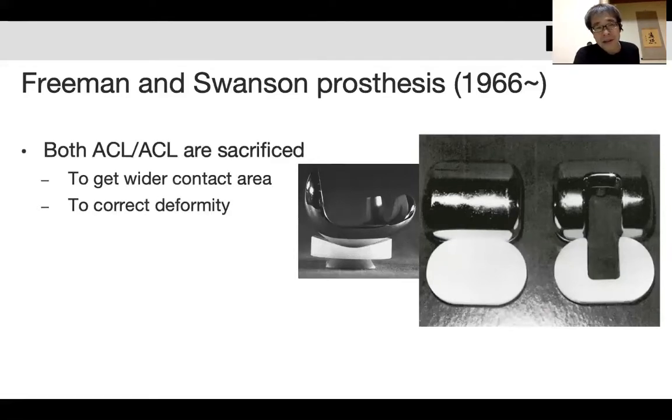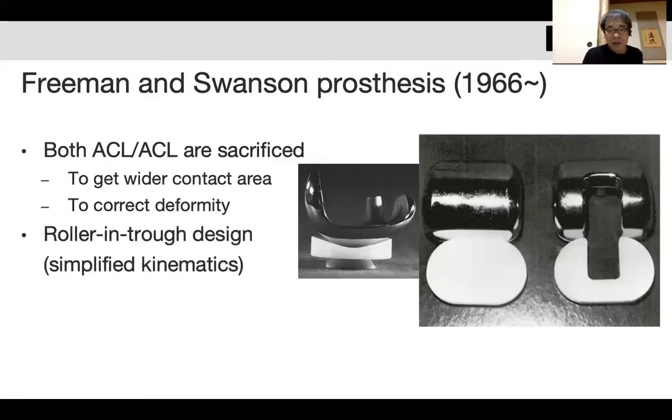Both ACL and PCL were sacrificed to get a wider contact area and to correct the deformity, but to achieve very stable motion, we call it a roller in trough design, a cylinder in the groove. Very simple kinematics.